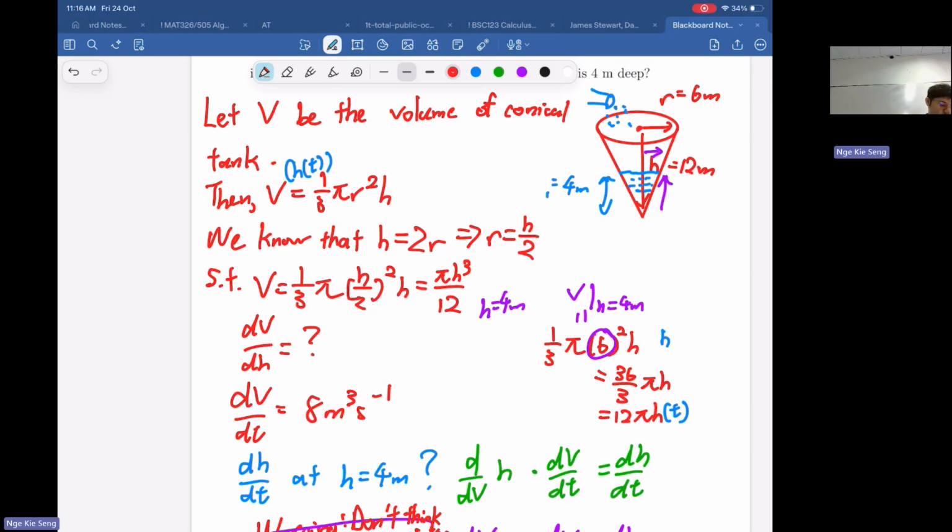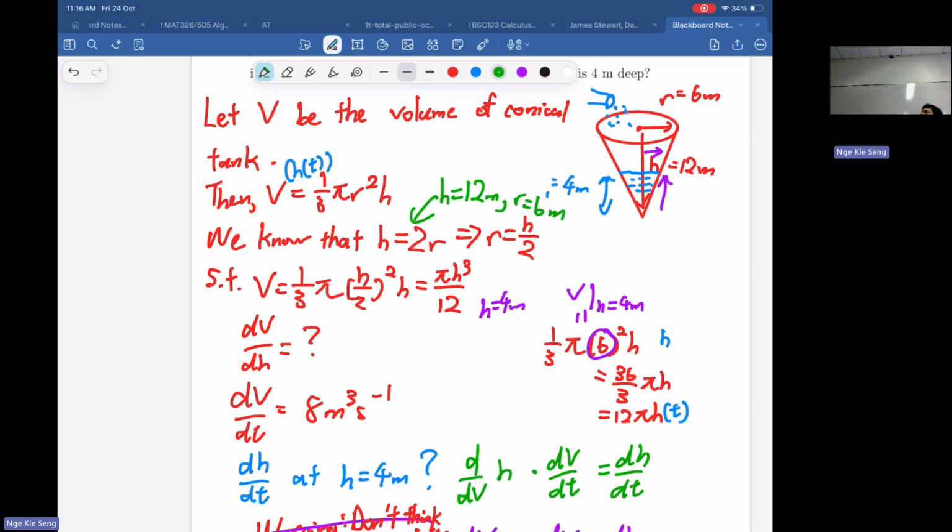The teacher will tell us, because h equals 12 meter and r equals 6 meter, there's a linear relation. True? Depends. Never did this kind of question before. Okay, so you never did it before. China did this kind of question before.